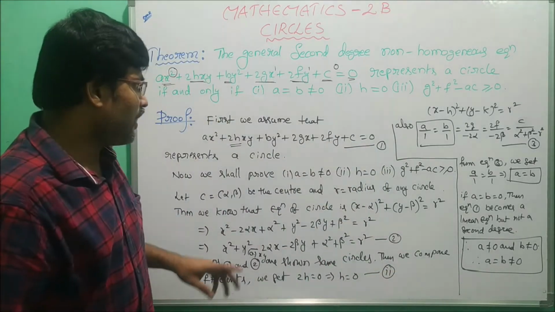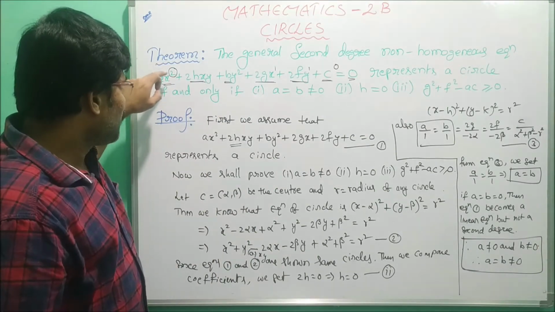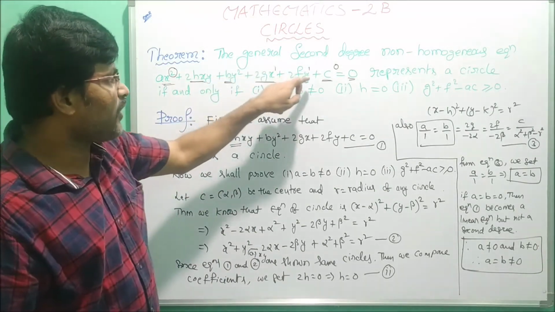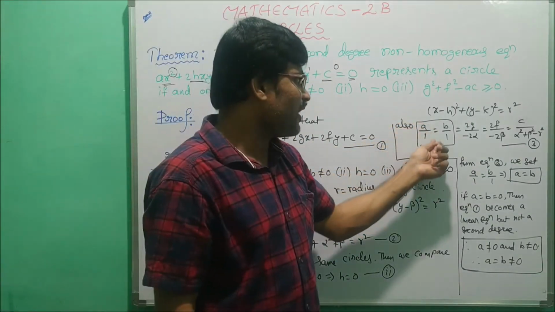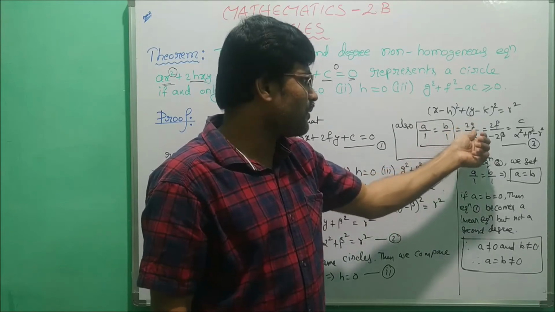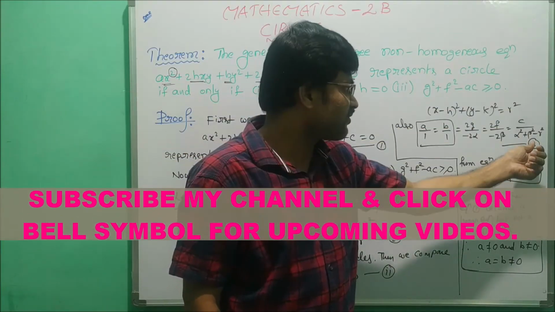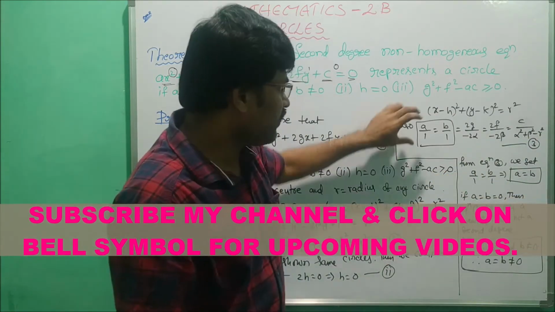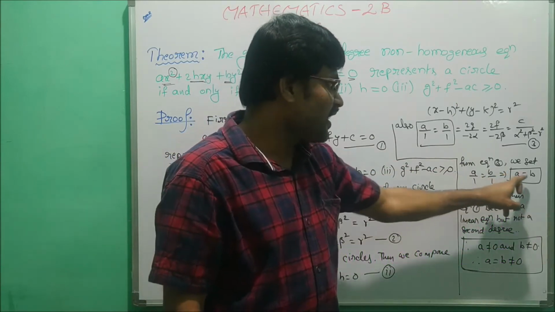Already proved. And also we take the ratios of the coefficients of x square, y square, x, y and constants of both equations 1 and 2. That is a by 1 equals b by 1 equals 2g by minus 2 alpha equals f by minus 2 beta equals c by alpha square plus beta square minus r square. Now first we take two terms, a by 1 equals b by 1. From this a equals b.